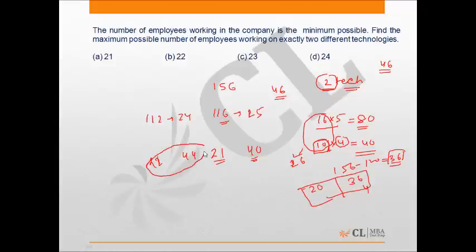So from here these 22 students can receive at least 2 chocolates. So the maximum number of employees who can work on exactly 2 technologies is 22. Therefore option B is the correct answer.